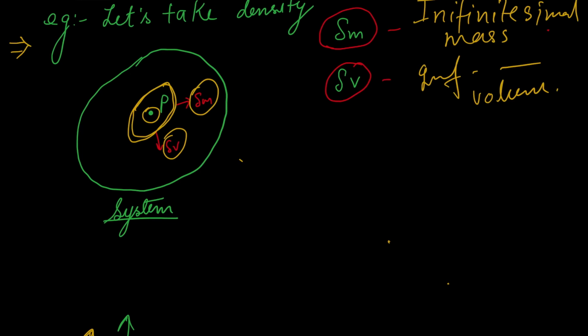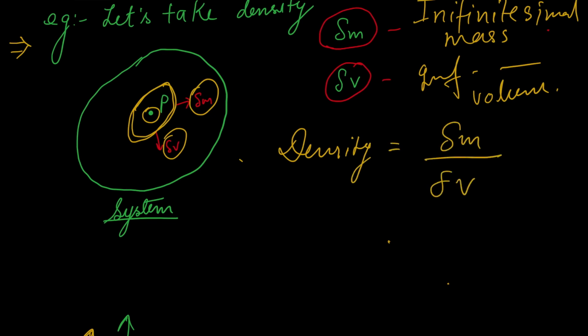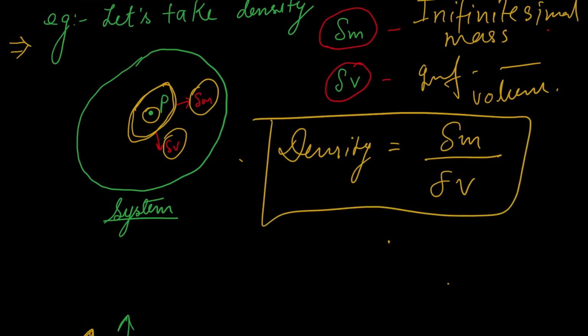Now, density is defined as mass per unit volume. So I can simply say my density is delta M by delta V. Is this true? We don't know yet.